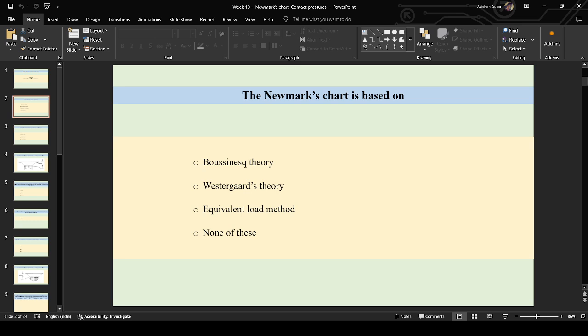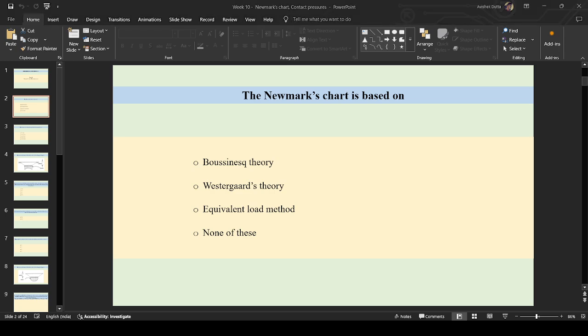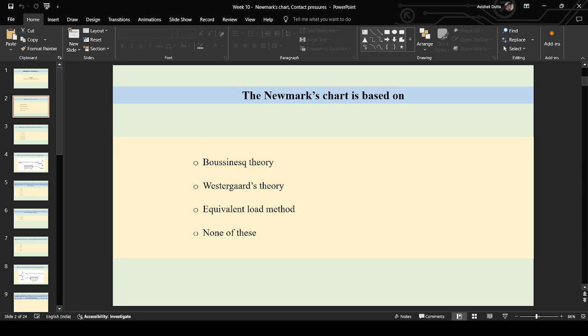I repeat the question. Newmark's chart is based on: first option, Boussinesq's theory; second option, Westergaard's theory; third option, equivalent load method; and last option is none of these.